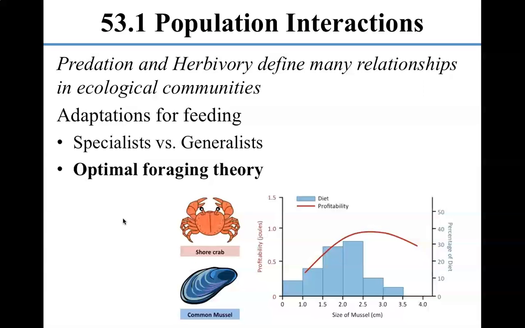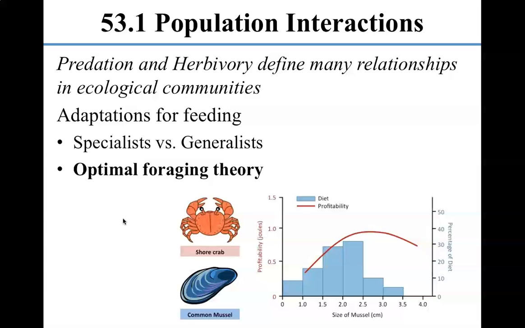And we see that that's true when we measure what size mussels the crabs prefer to eat. It turns out that most of their diet consists of the medium-sized mussels. So these shore crabs are maximizing the amount of profitability from their diet. And this is true for all animals.